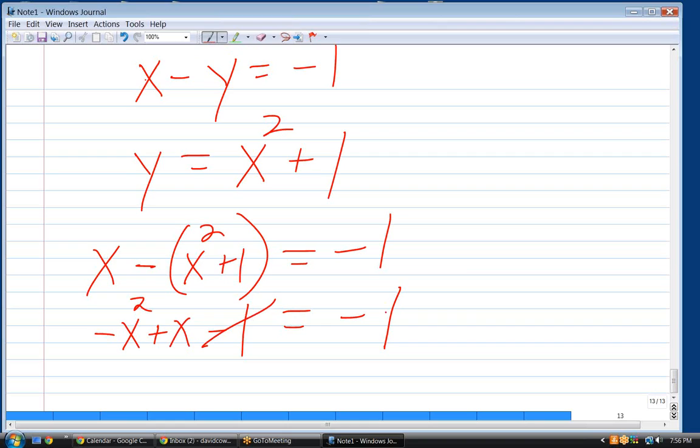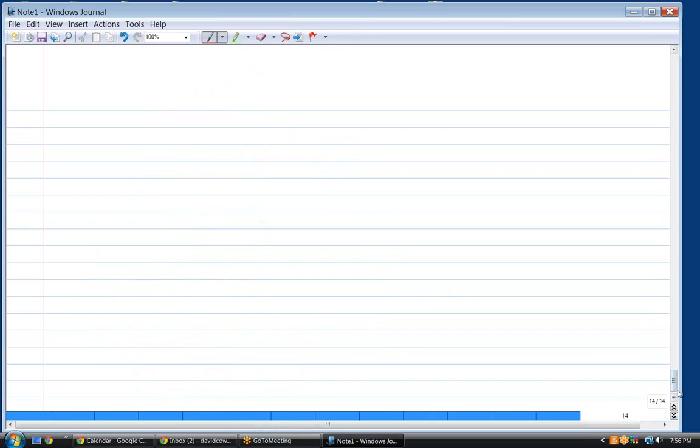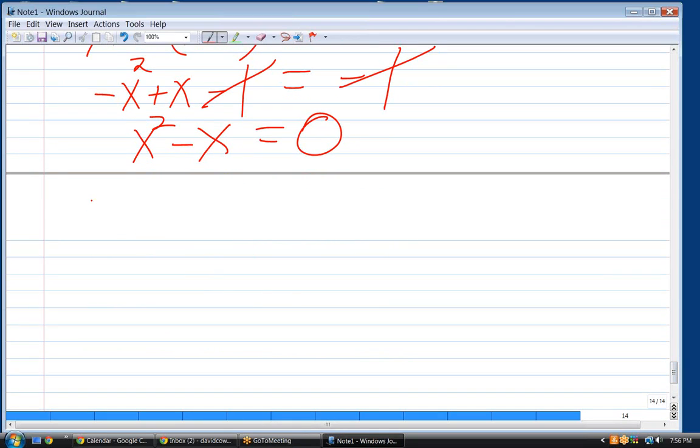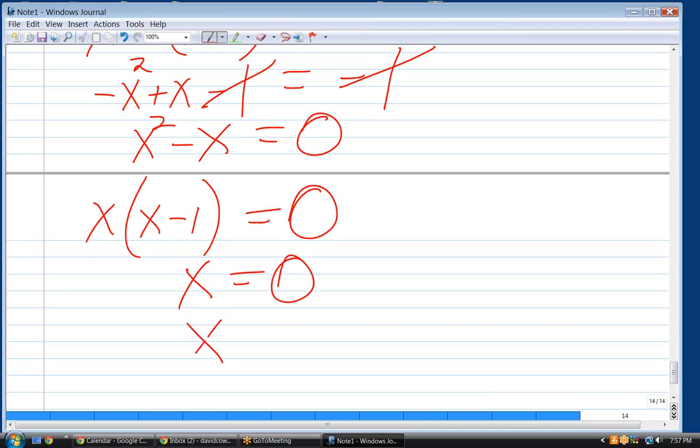Well, the ones cancel. If I divide both sides by minus 1, I now get x squared minus x equals 0. I don't have to apply the quadratic to that. I can just factor that out. So x equals 0 or x equals 1.